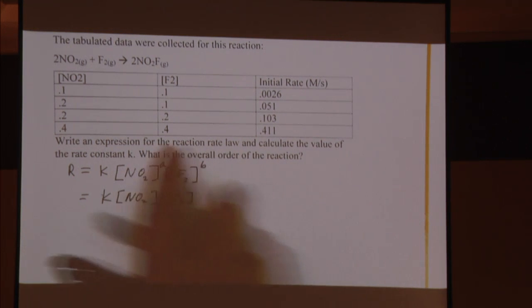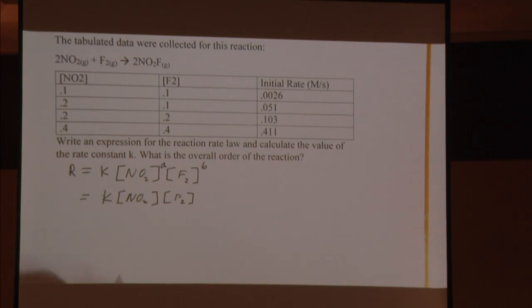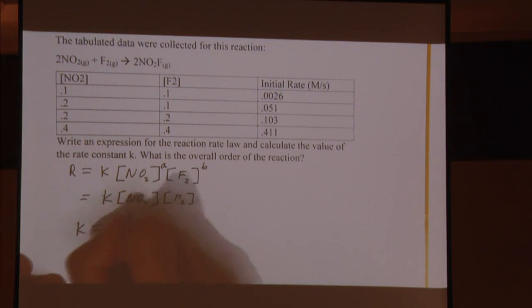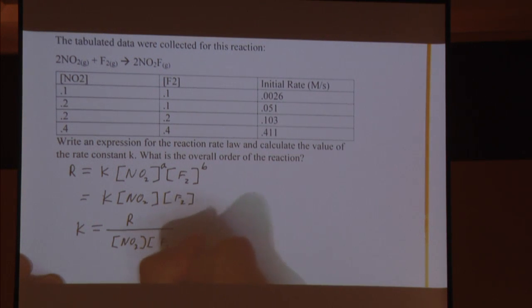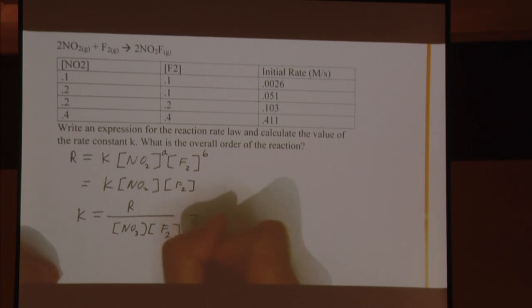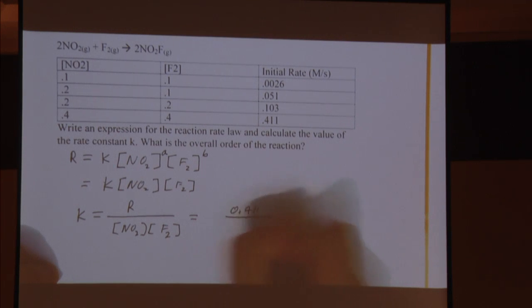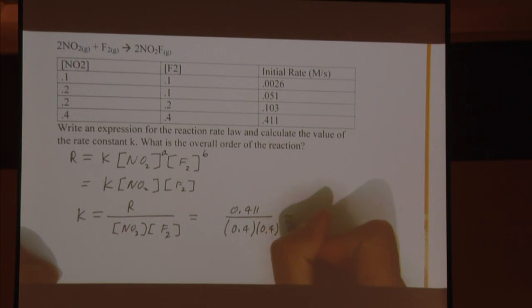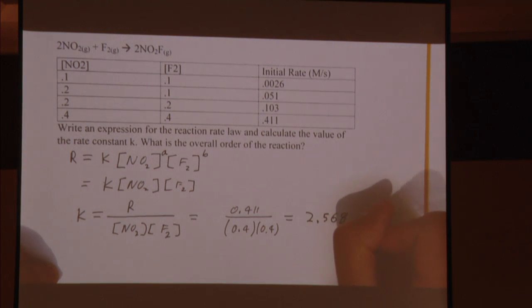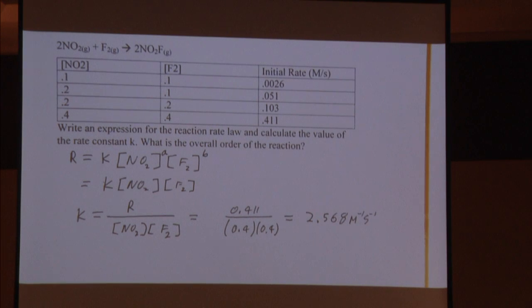Let's take the last experiment to calculate our value of K. So just rearranging these variables, we get this equation, and then we can just substitute our values in. And that's our value of K.